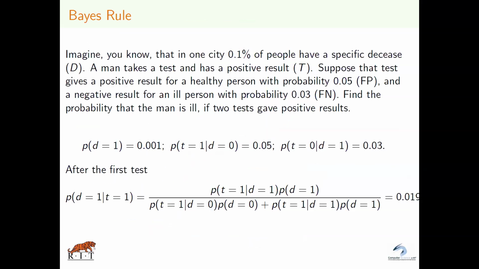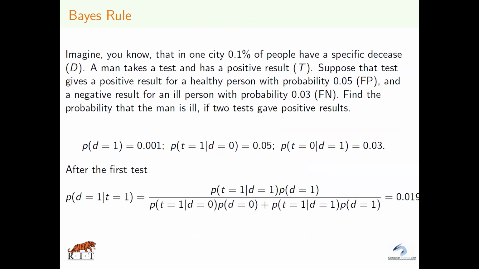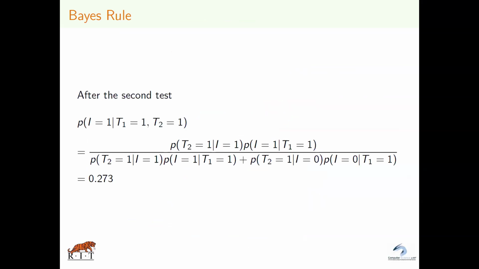There are some examples of how we can use Bayes formula for medical exams. If you have one test, the probability of the illness will be this, and if you make two tests, then you can get a lower or higher probability.